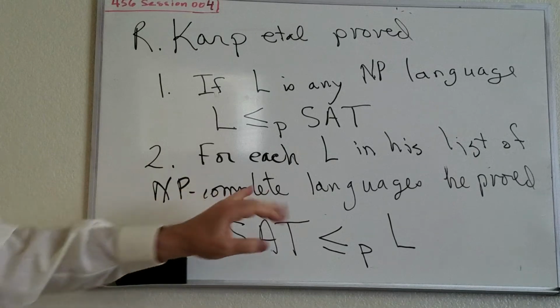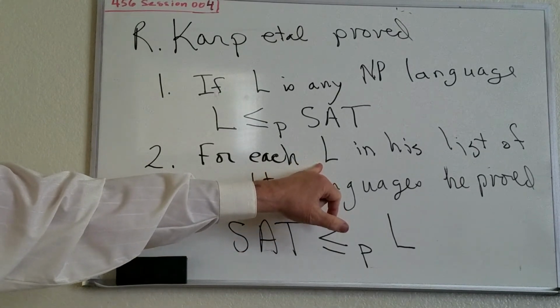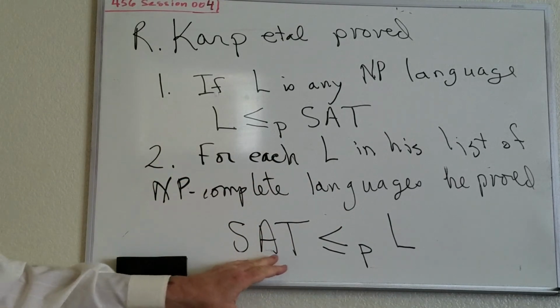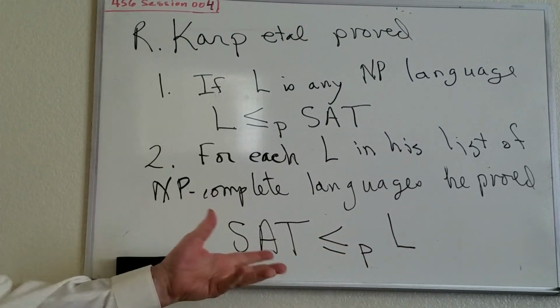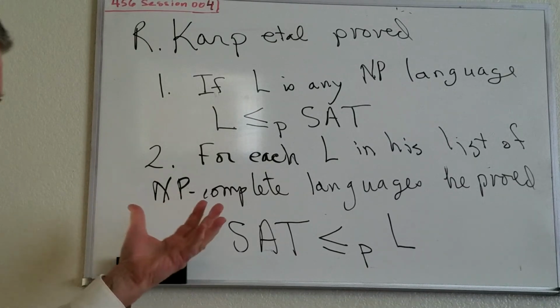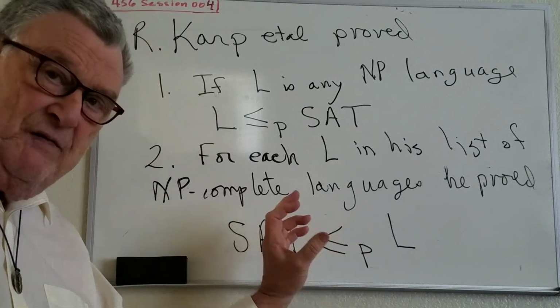Now, he published a big list of NP complete problems. For each one of those L's, he proved that SAT reduces in polynomial time to L. It looks backwards, and it's difficult. And the kind of question I like to ask is the answer is based on whether you get these confused.